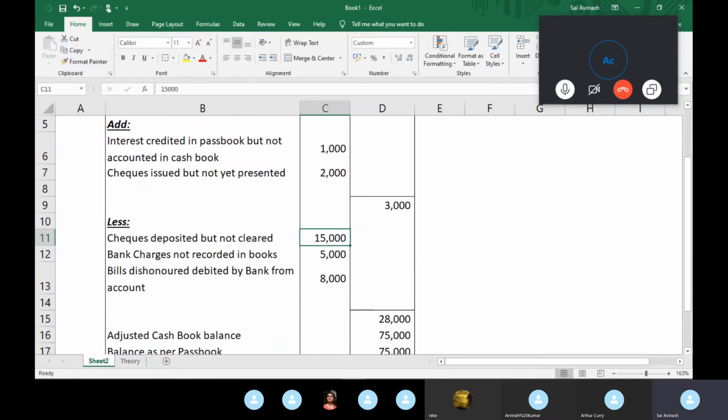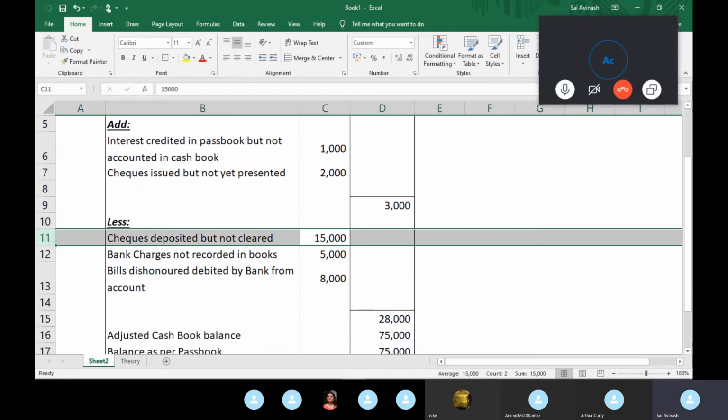What about stuff that I subtract? Let's say I have deposited money in the bank, right? I've deposited a check. If I were to deposit cash, this wouldn't be a case. But with a check, there's a huge process that takes place in the background. The bank checks whether the check is valid, and for that to take place, it might take a day or two, right?